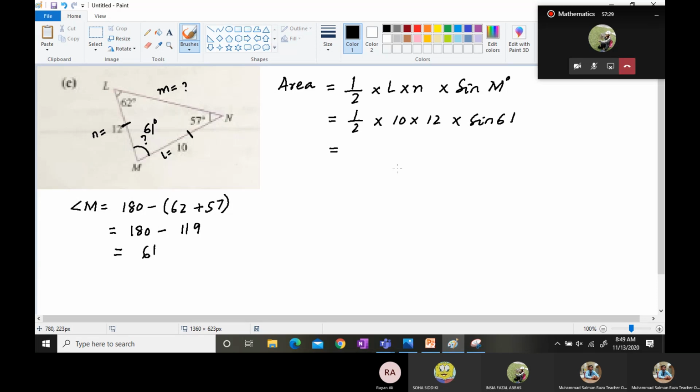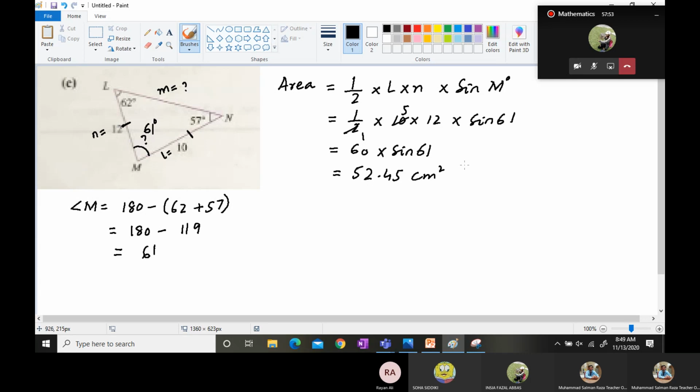Now I can cross cut it like this. 12 fives are 60, and 60 into sine 61, I can find it out with my calculator. 60 into sine 61 is 52.45.